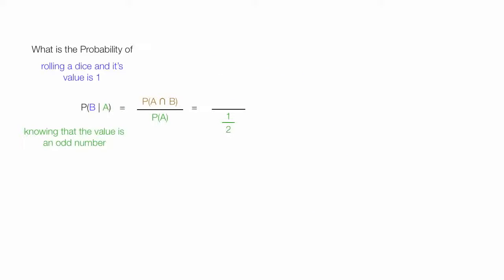I'll plug that into the equation. So this all simplifies to 1/3. In the end, this says that if I know that the value of a dice that's been rolled is an odd number, the probability that it's a 1 is a 1 out of 3 chance.